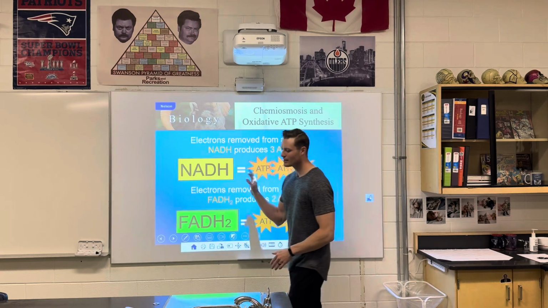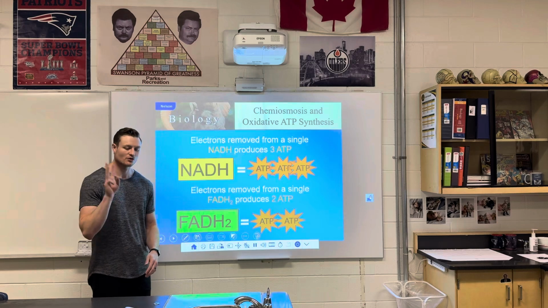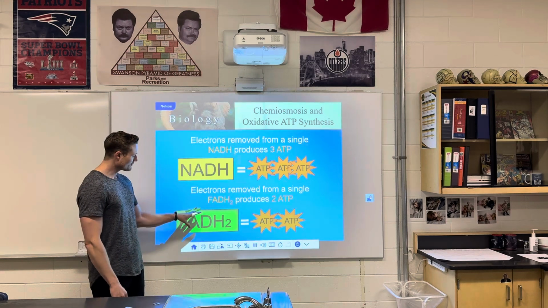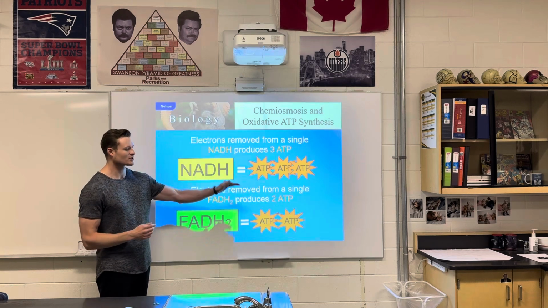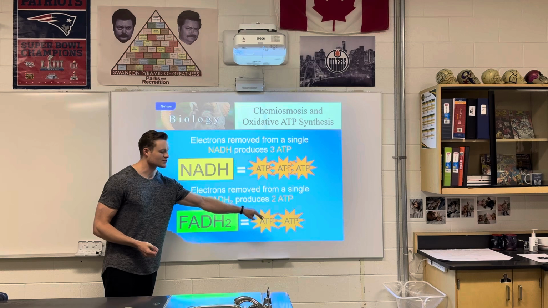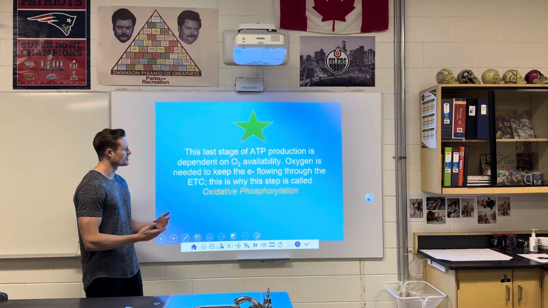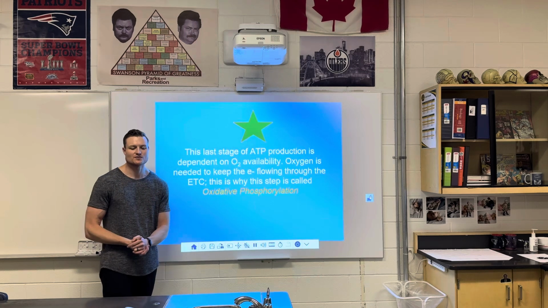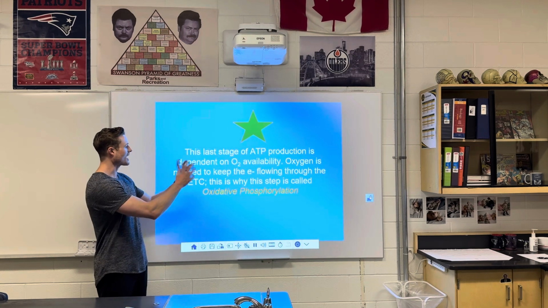So every NADH is worth 3 ATP. And then FADH2 is a little less energy. It actually starts a little bit further down the electron transport chain, so it's only going to net us 2 ATP.